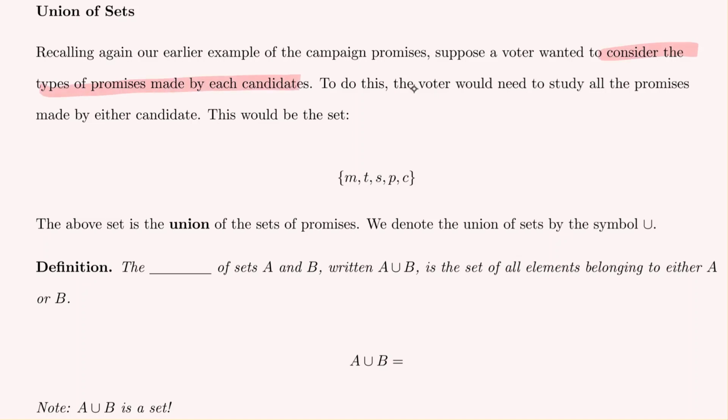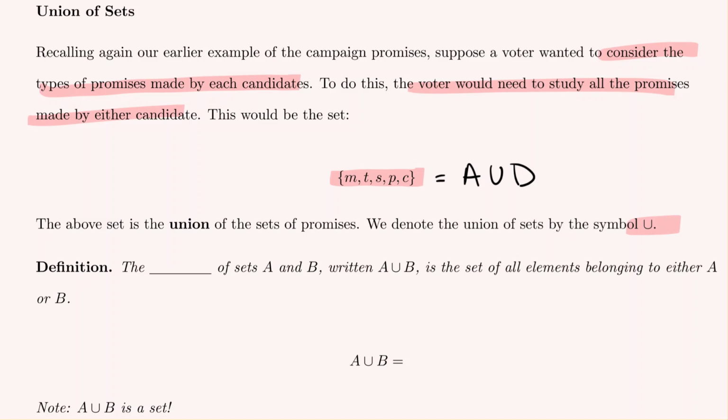To do this, the voter would study all the promises made by either candidate, and that would form this set. This is the union of the two campaign promises. All the promises that Amy made and all the promises that Darian made. And we denote the union by the symbol ∪.